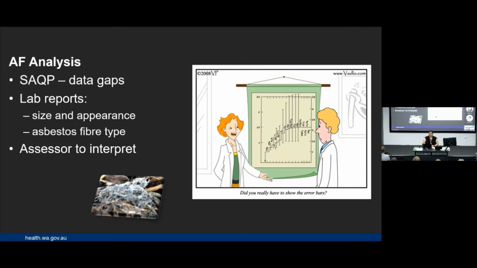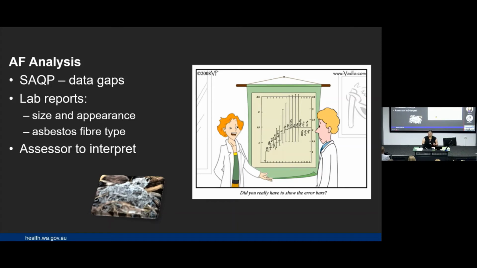It really is up to the assessor to interpret, bearing in mind that AF analysis is also an estimate of contamination. It's not a precise figure. The reason we don't have site-specific criteria for friable or AF materials, and I think this information is kind of lost in time, is because we said we can't precisely quantify below 0.01% because of all the errors that can be associated with taking that kind of sample and it being representative of the contamination.